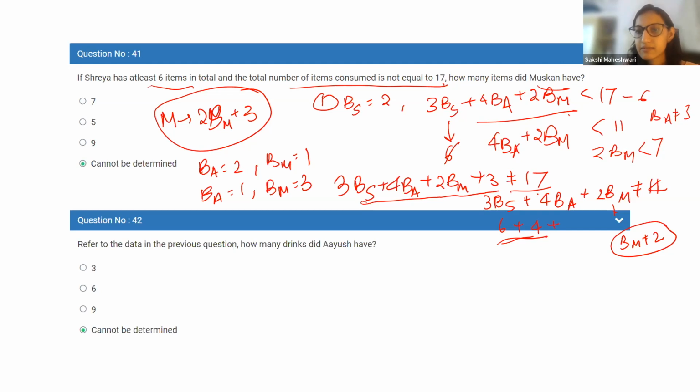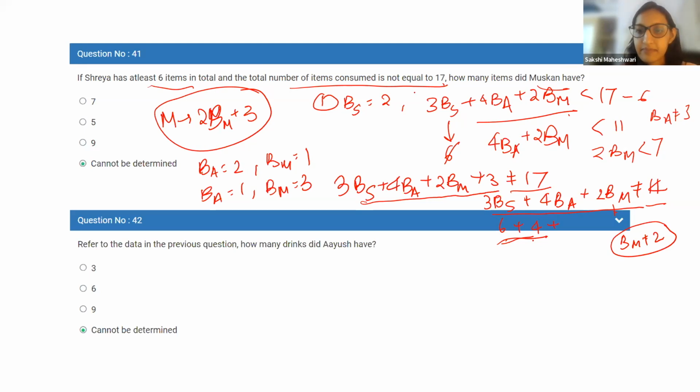So when I take 3 to this side, this becomes 14. And I have taken this case of BS equal to 2, so this is 6. If I take BA as 1, then this will become 6 plus 4, 10. And this should not be equal to 14. So if I take BM as 2, then this will become 14. So that's the reason I have taken. Are you able to get it?